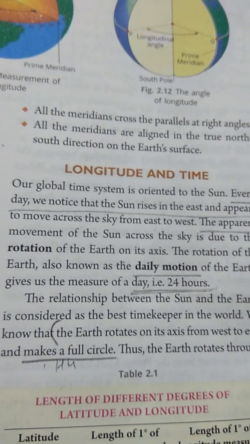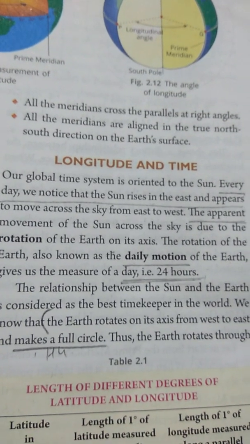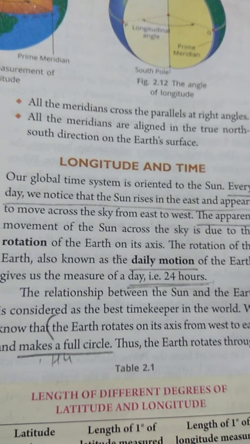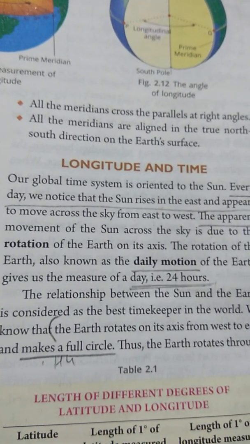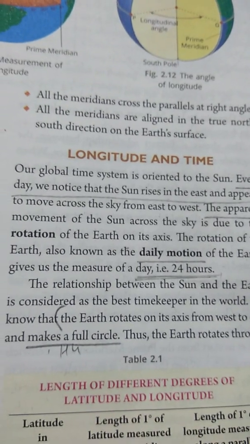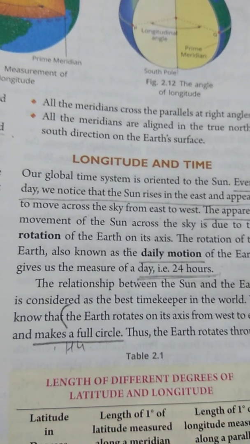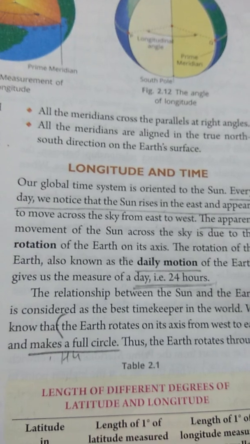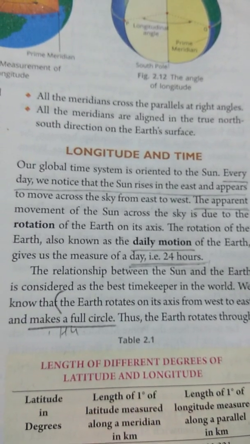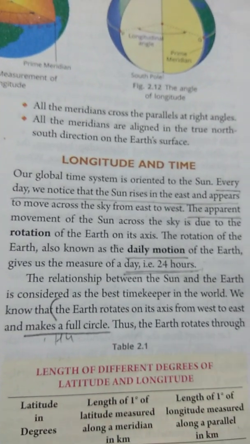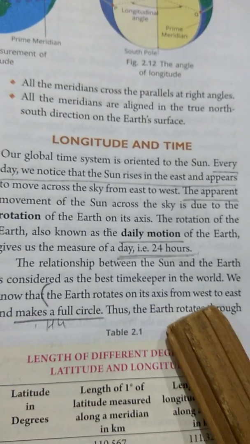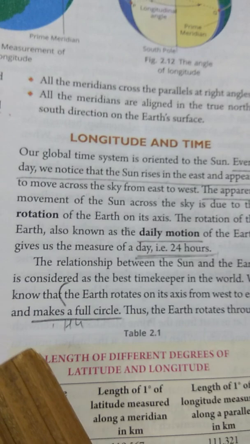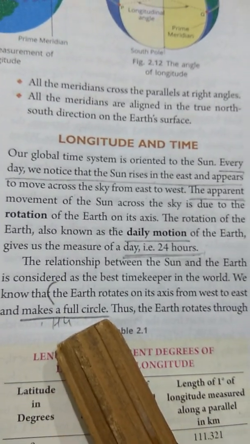Second point, it is given the sun rises from the east and it moves from east to west. It takes 24 hours as a day to rotate on its axis. The earth rotates on its axis from west to east and makes a full circle.